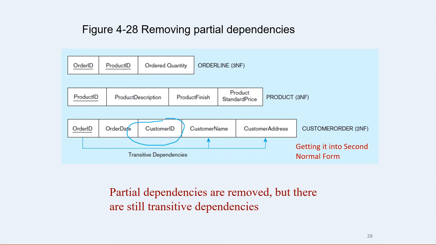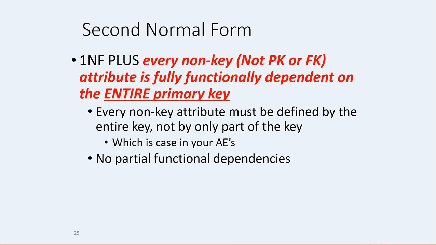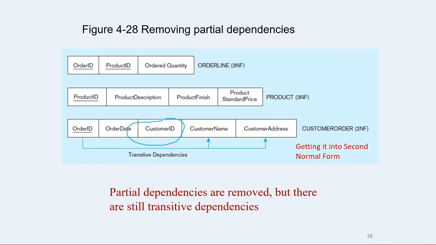Since this was a very simple example, when we did 2NF, this is what we did: with these two relations, order ID and product ID determining order quantity, and product ID determining product description, right away we were in 3NF.